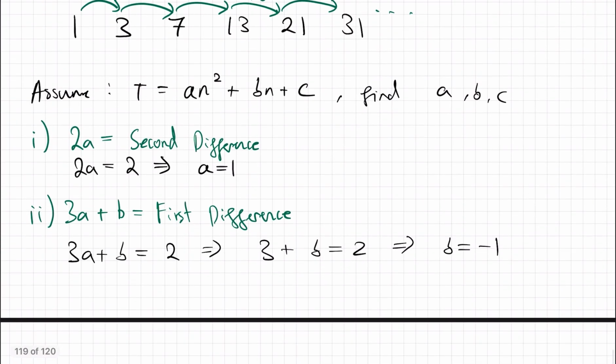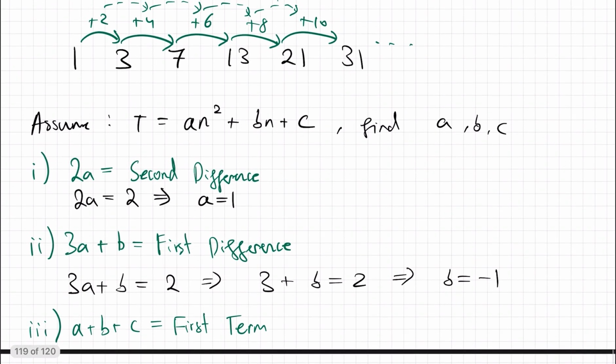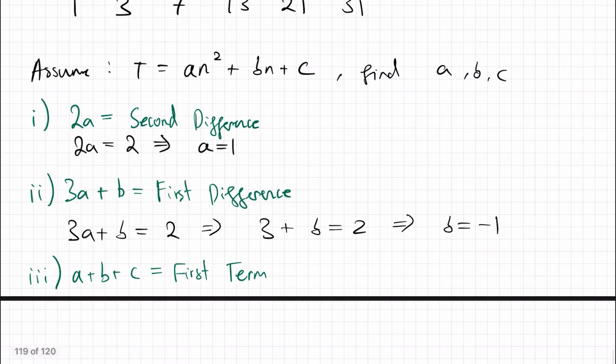Now there's only one more equation that we need to know to work out what c is, and that is a plus b plus c is equal to the first term, or zeroth difference, if that makes sense. By first term, I just mean this 1.